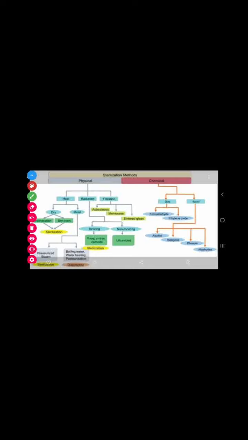Additionally, there should be no void spaces in the load that could insulate against the steam. This condition could prevent the transference of heat to the vessel, resulting in no sterilization of the contents.